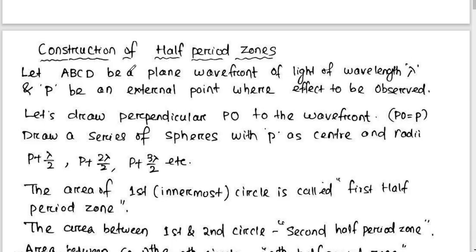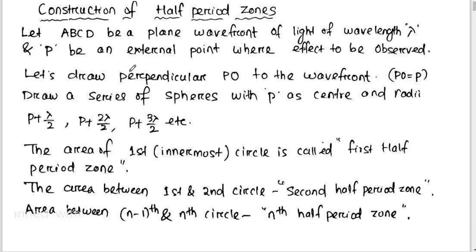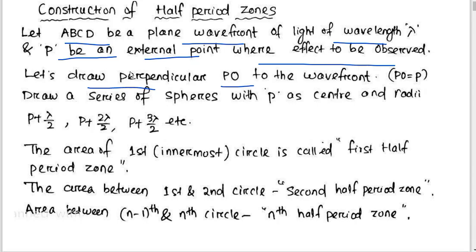Let's look at how they are constructed. Let ABCD be a plane wavefront of light of wavelength lambda, and P be an external point where the effect is to be observed; all the intensity effects we have to observe at the point P. Now let's draw the perpendicular PO to the wavefront, of length p.